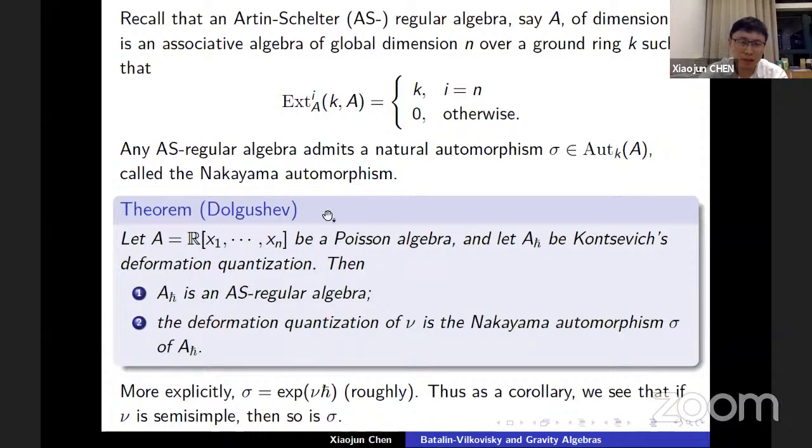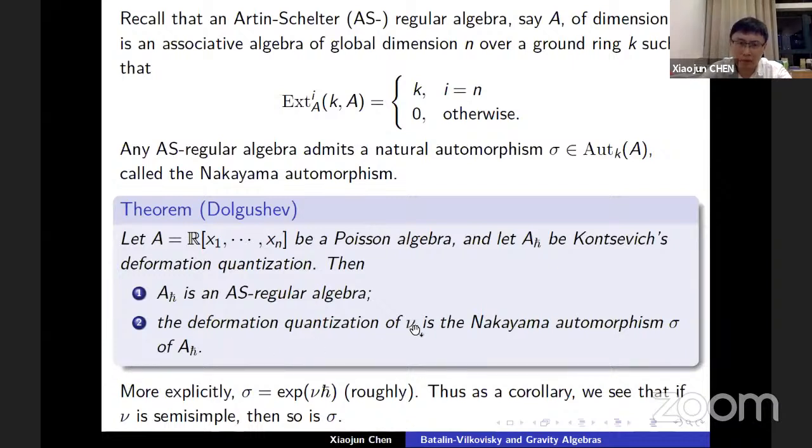Then a result of Dolgushev, proved in 2005 or 2008, says the following: suppose I have a Poisson algebra, say like polynomials, and let A_h bar be the Kontsevich deformation quantization. Then this deformation quantization is an Artin-Schelter algebra. Moreover, the deformation quantization of nu gives the Nakayama automorphism of this Artin-Schelter algebra.